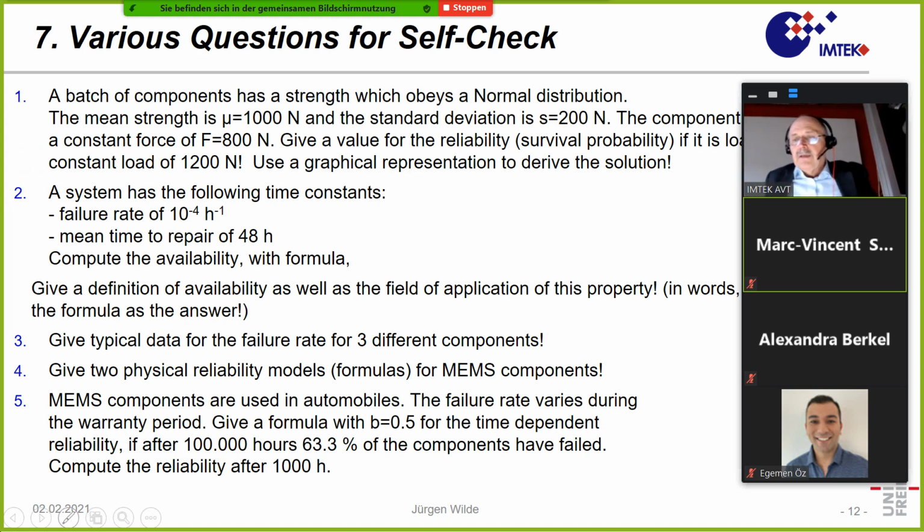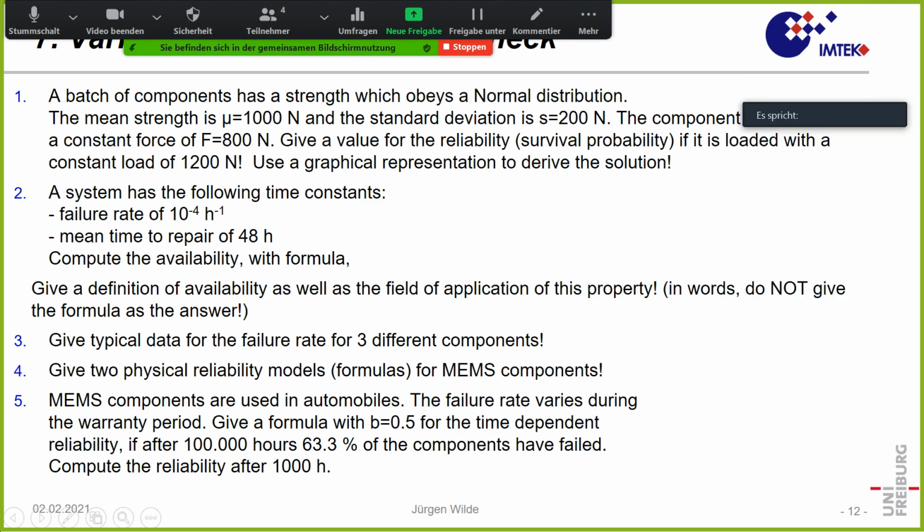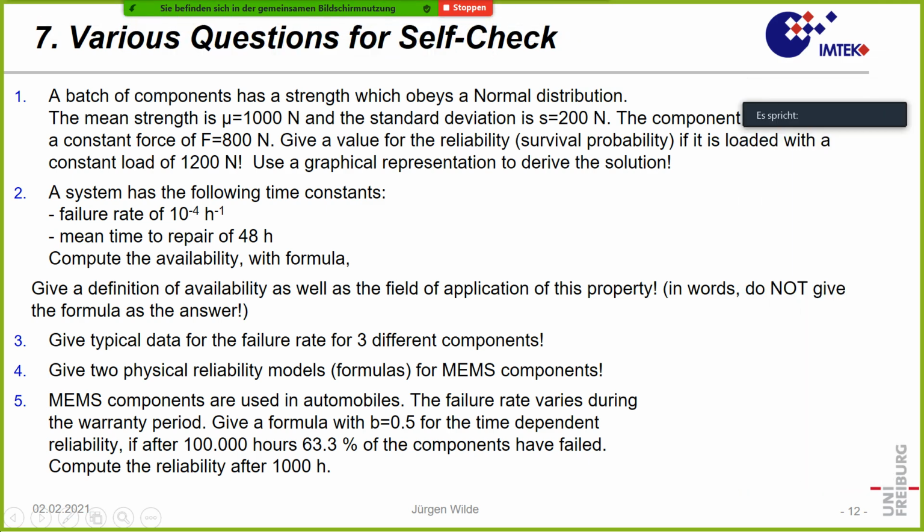The first question would be: a batch of components has a strength which obeys a normal distribution. The mean strength is 1000 Newton and the standard deviation is 200 Newton. The component is loaded with a constant force of 800 Newton.